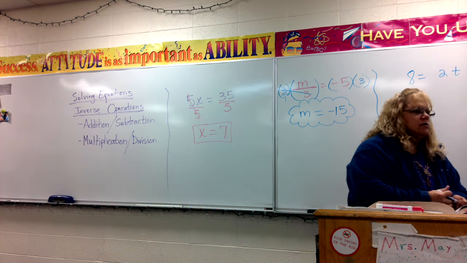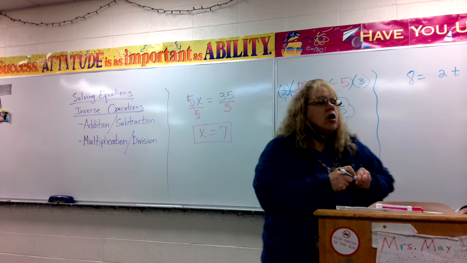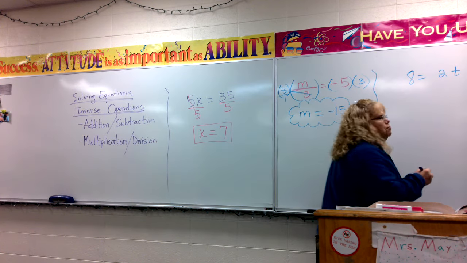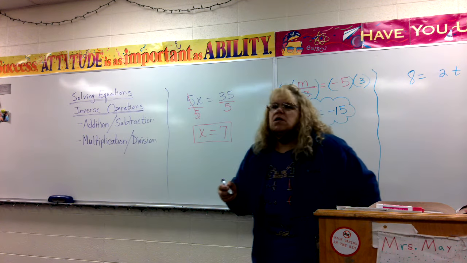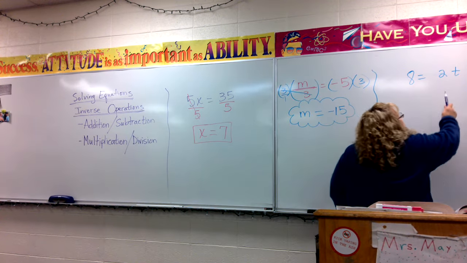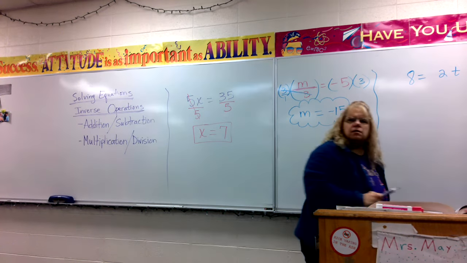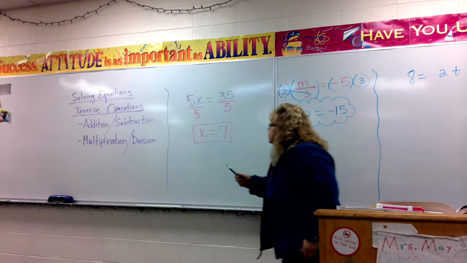What would you do there? I'm going to have to start calling on you if you don't shout out answers. Woodworth, what would you do? No idea. Yes, you do. I don't. Yes, you do. I really don't. Stop. What operation between the 2 and the t? What is that when there's no sign between?